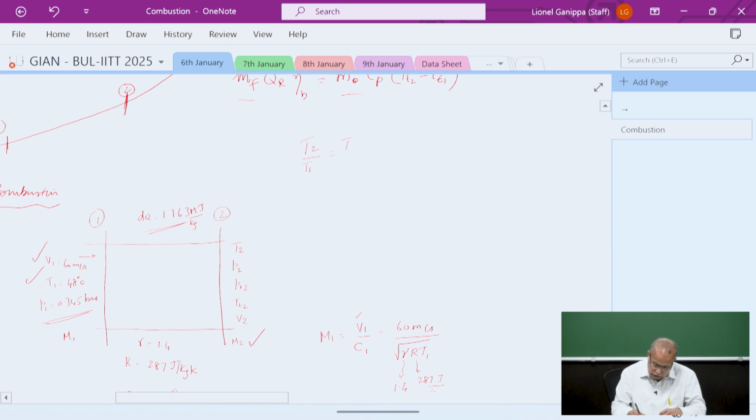T2 by T1 is equal to T2 by T star into T star by T1. This is at M2 and this is at M1. So M2 is 0.44 and this is 0.17. All the values are known. T1 value is given, so you can directly find T2.